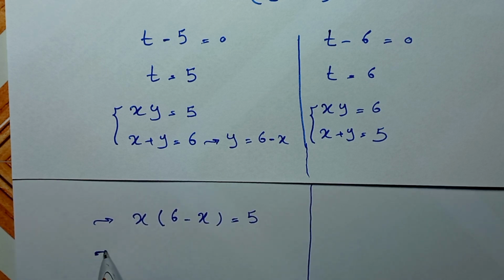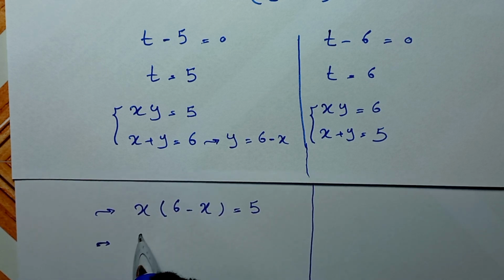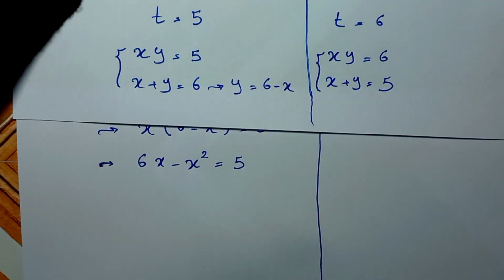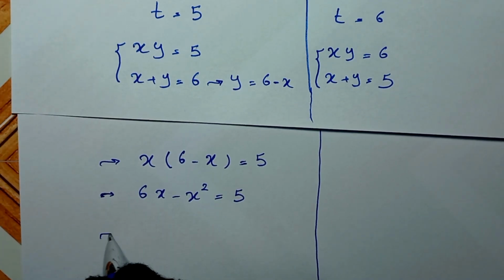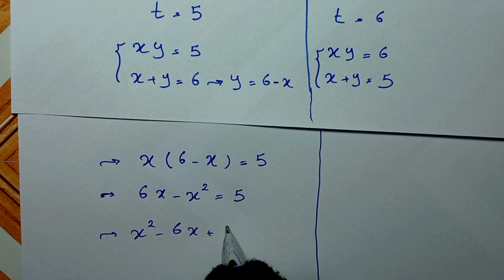And it will be 6x minus x squared is equal to 5. And we take this and this to this side, and it will be x squared minus 6x plus 5 is equal to 0.